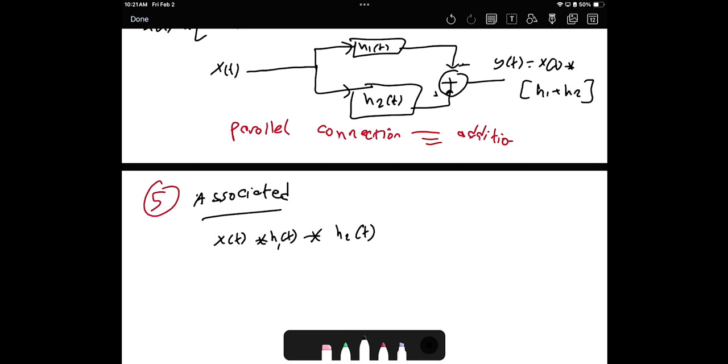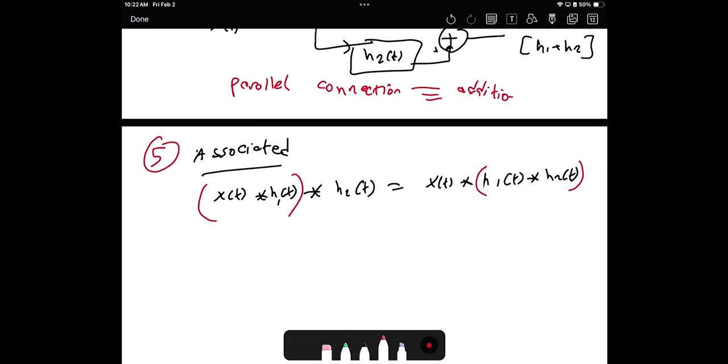Let's do the convolution of x and h1 first, and after that do their result with h2. Does it really matter? Or how about if I do the convolution of h1 with h2, then do the result with x? Both of them are correct. No matter about the order, they are fine.